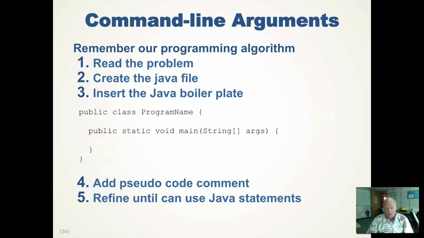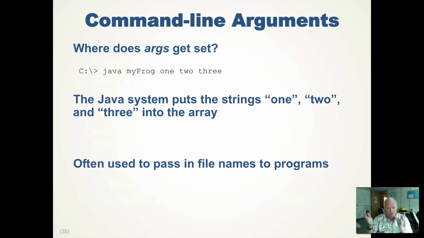So what's outside the program? Well, if we're running the program from the command line, for example, we write java, my program, which is the class, right? And then we say 1, 2, 3. The string 1, the string 2, and the string 3 are additional information that is passed into the program as an array of 3 strings.